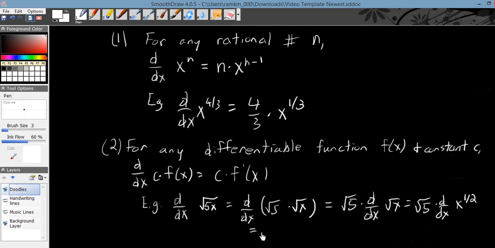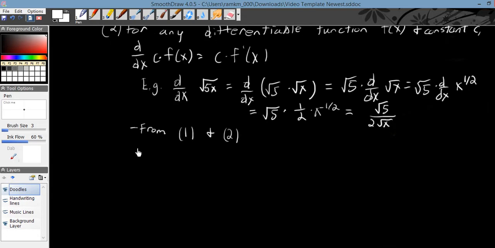So we'll just have square root of 5 times 1/2 times x to the minus 1/2. Or alternatively, we could write this as the square root of 5 divided by 2 times the square root of x.